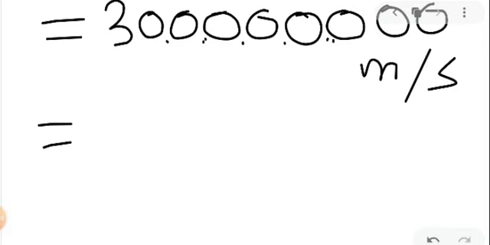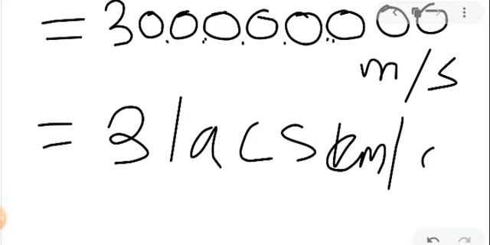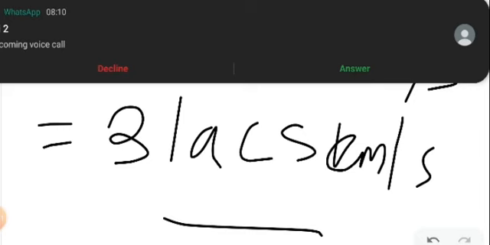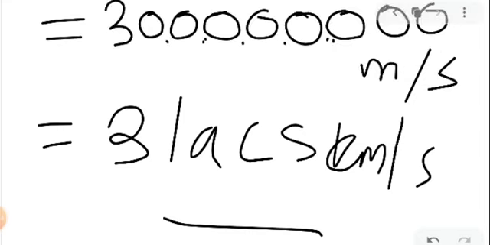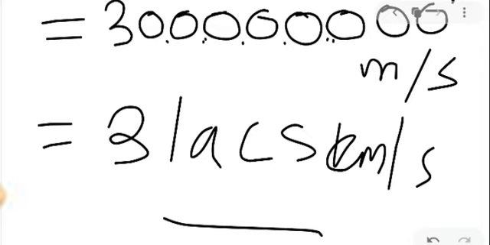So if I give it in kilometers per second, I will call it 3 lakh kilometers per second. That is how fast the speed of light is in vacuum. 3 lakh kilometers it is.